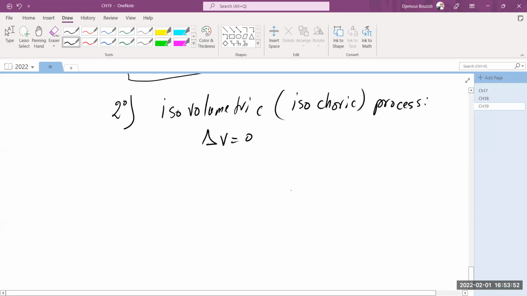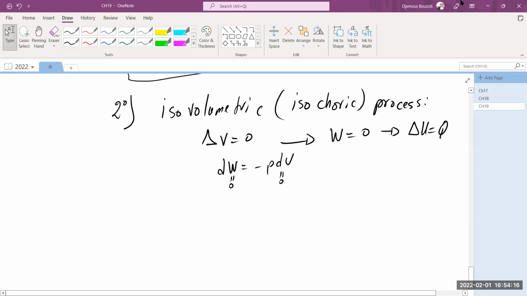There is no change in volume, which means immediately that W is 0, because remember, dW is equal to minus PdV. And if this thing is 0, this thing better be 0. And if W is equal to 0, that means delta U is equal to Q only, period, end of story. So this process is easy.